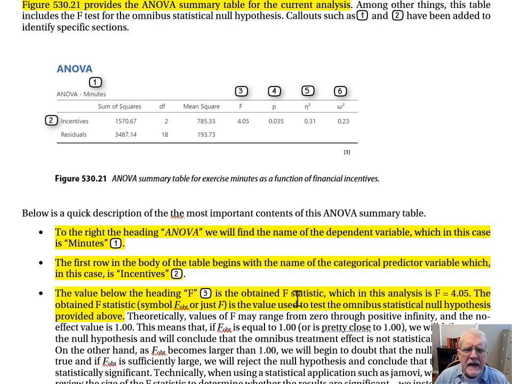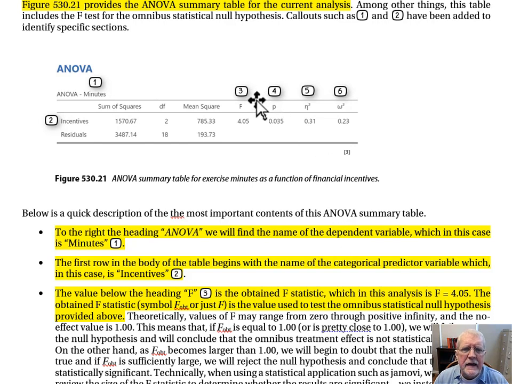The value below the heading F is the obtained F statistic, which in this analysis is 4.05. The obtained F statistic is the value used to test the omnibus statistical null hypothesis provided above.